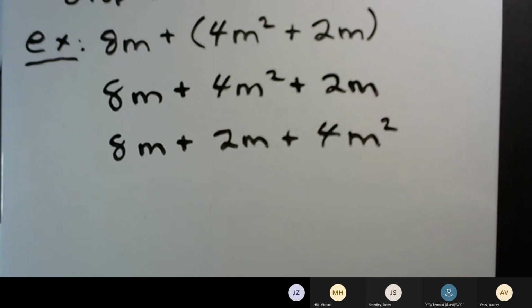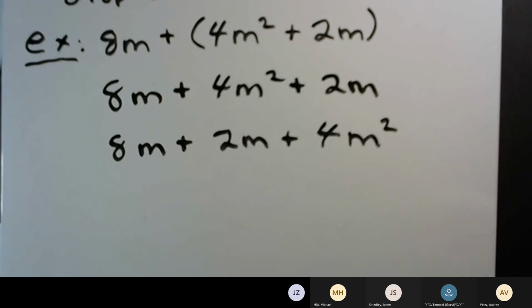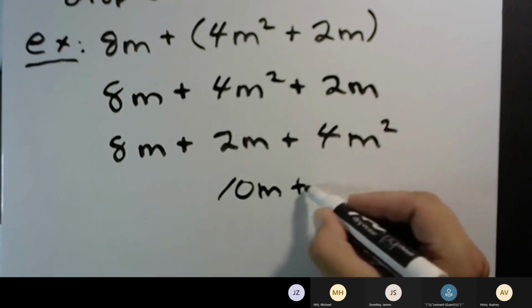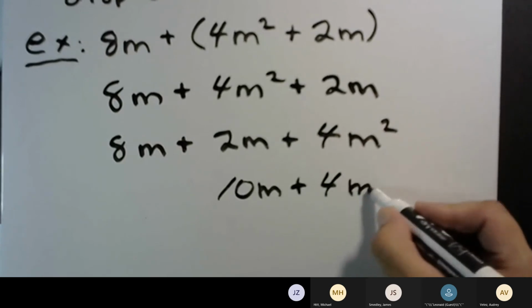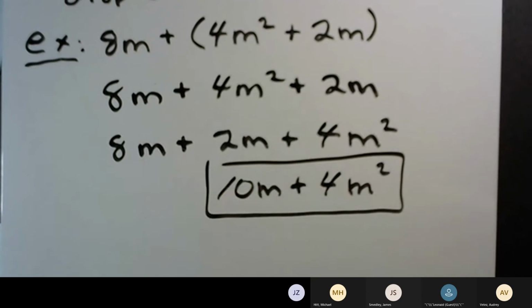This is type m squared. So we have 8 m's. We're adding 2 more. That gives us 10 m plus 4 m squareds. And that's it. That's as far as we can go.